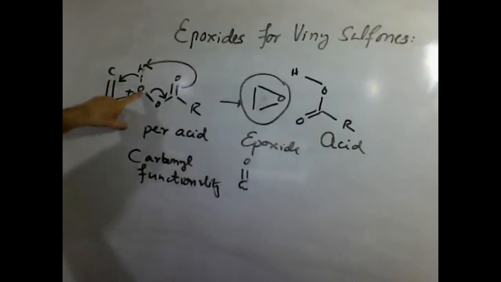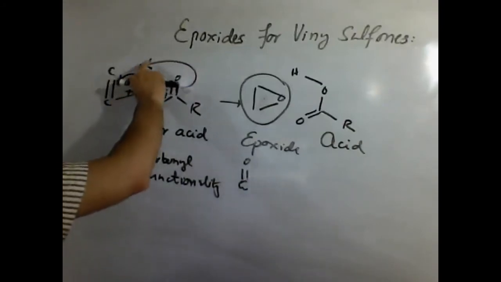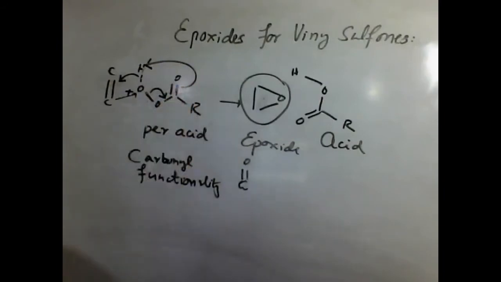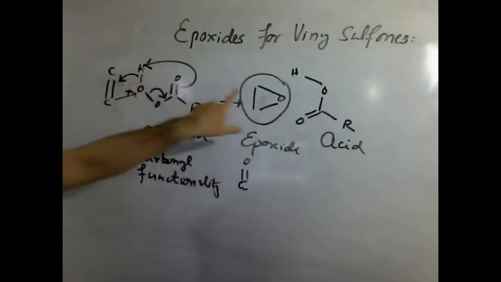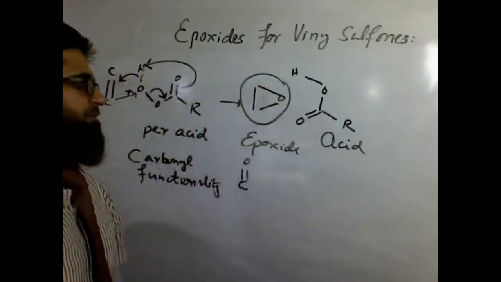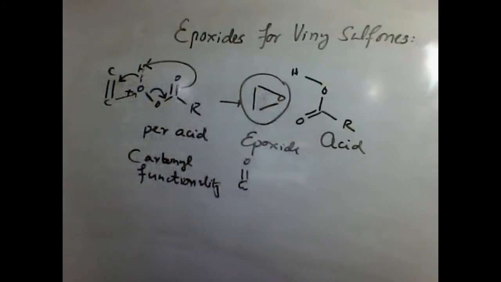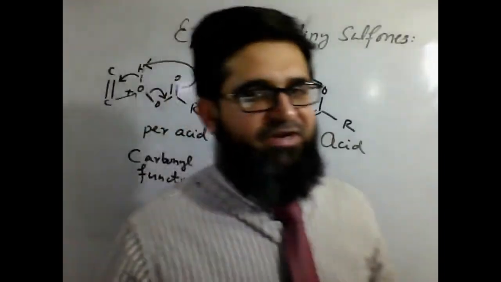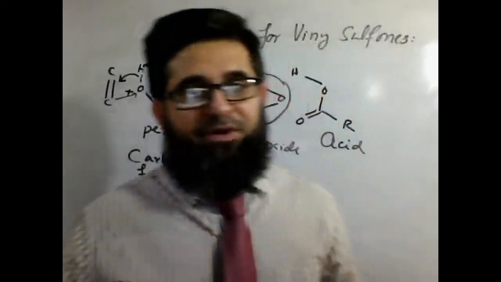At the same time, when its proton has been moved to this carbonyl functionality, the bond which became vacant due to the movement of the proton will attack at this carbon to make the epoxide ring. So this is how the epoxides are produced by the basic reaction between alkenes and peracids.